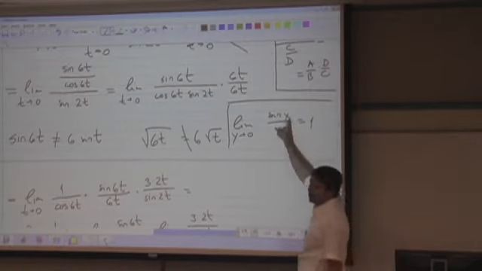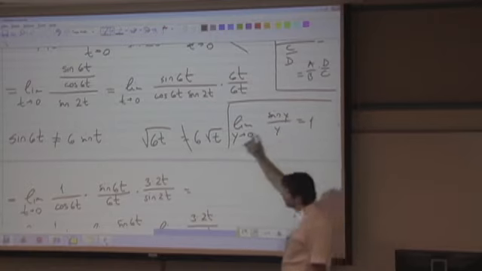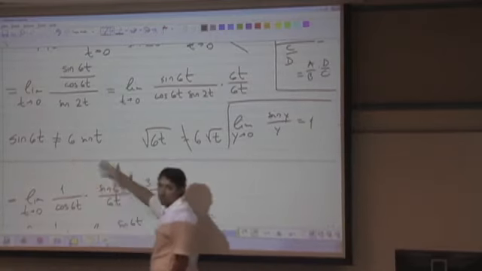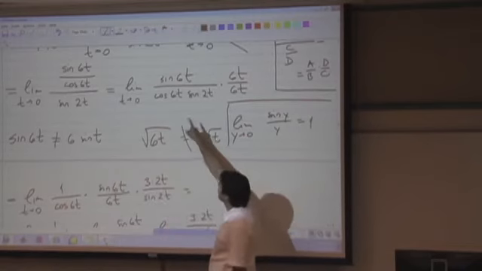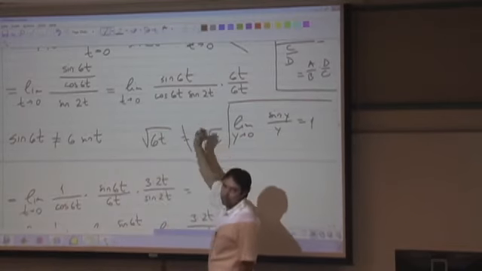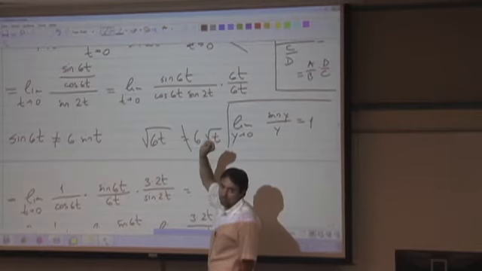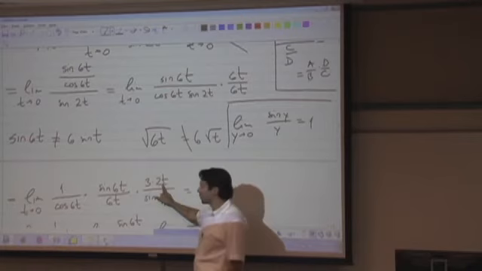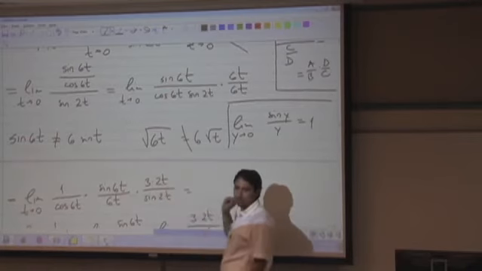Regardless of what this y is. Now, because I can't actually take the numbers out, the only way I can deal with this is to write it as sine of 6t over 6t. And similarly, I have sine of 2t, and so I know that I need a 2t there.